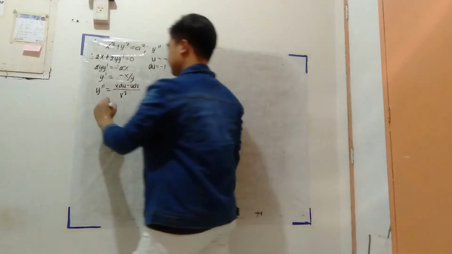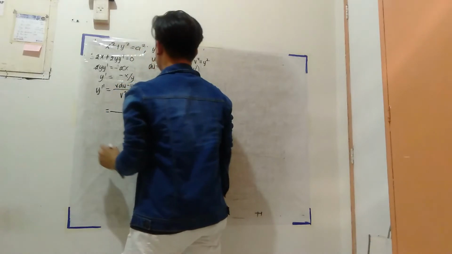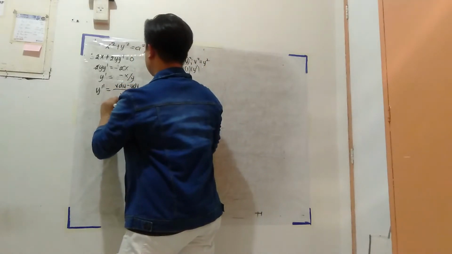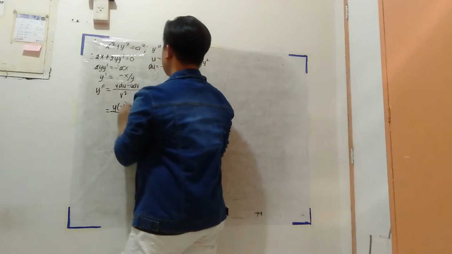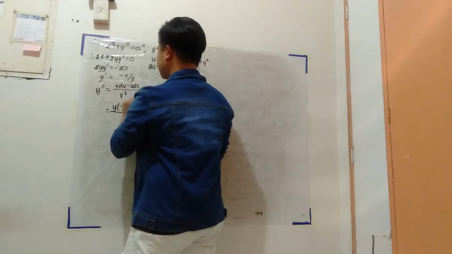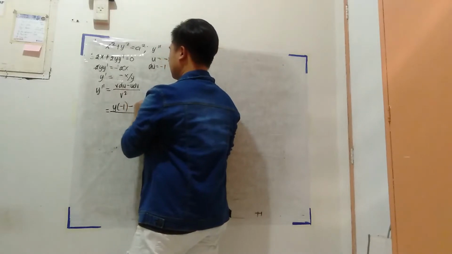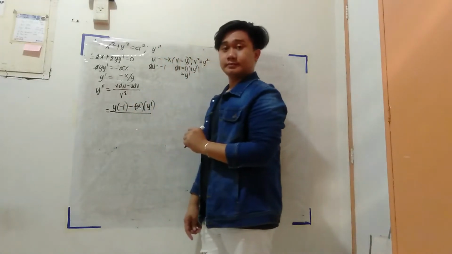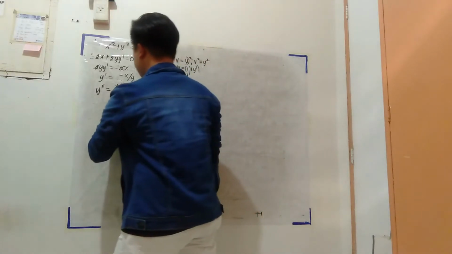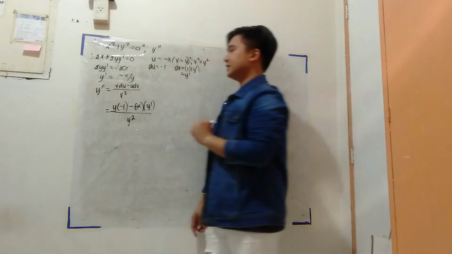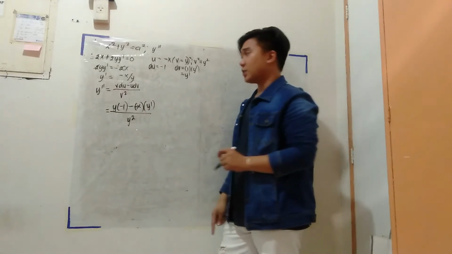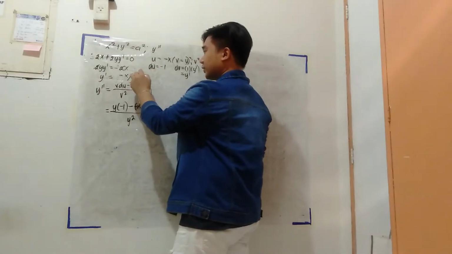Okay? So, v is y times negative 1 minus negative x times y prime. Okay? And then, all over y squared. Pero kung titingnan mo, meron ka ditong y prime, di ba? Pero ano ba si y prime? Di ba ito po yun?